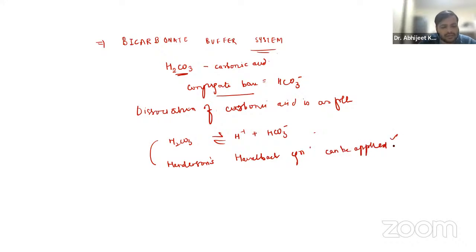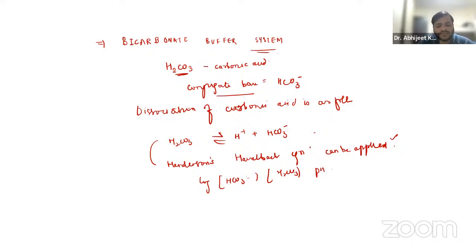Now, this equation you can just write down like pH equals pK plus log of HCO3 minus over H2CO3.